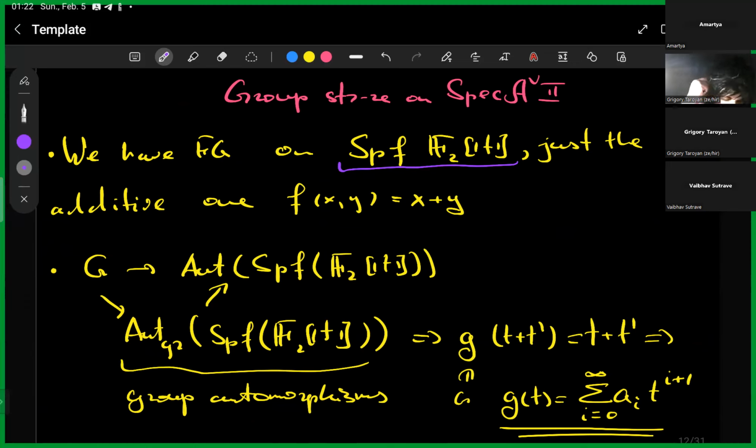And this formal group law is just the usual additive one.